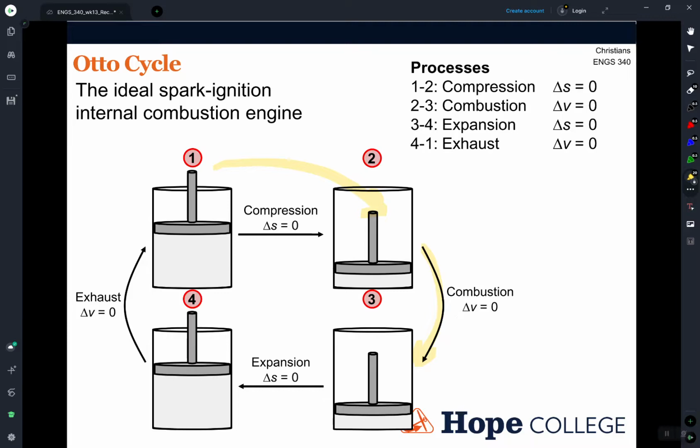That explosion, or that input of heat, that input of thermal energy, which is really what's happening, that causes an expansion event. So that drives our expansion here from 3 to 4.